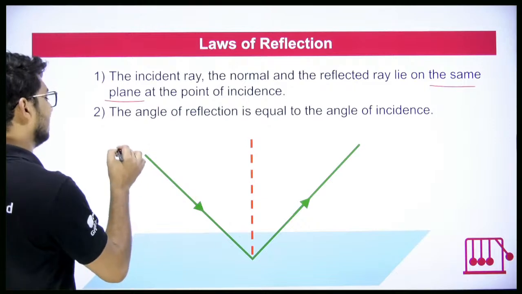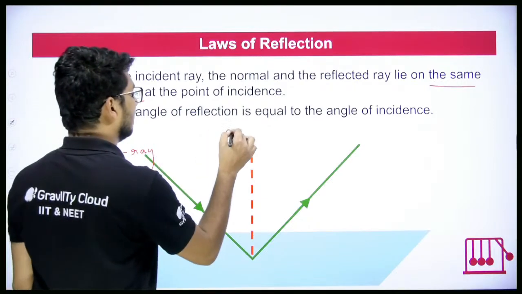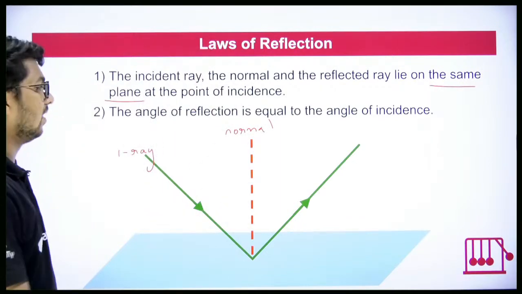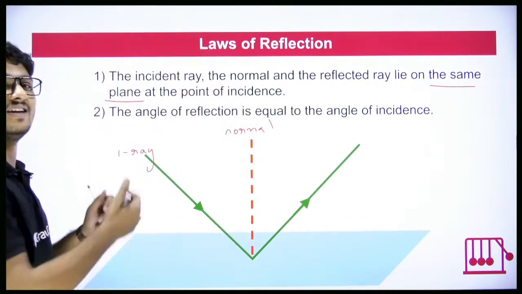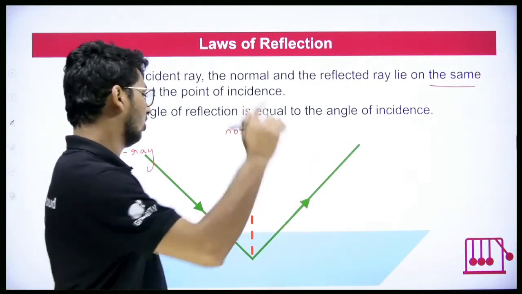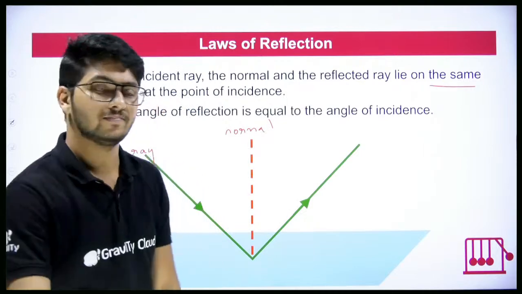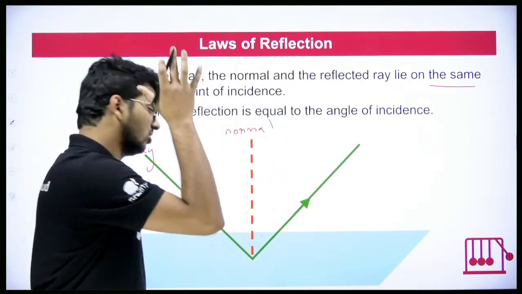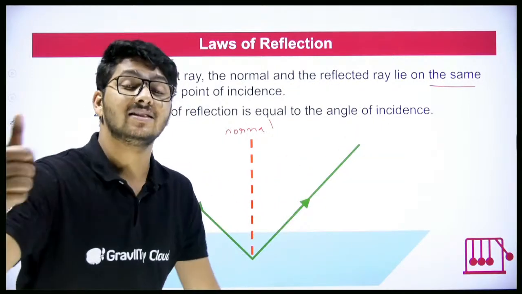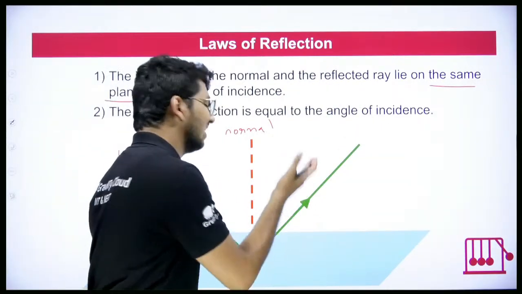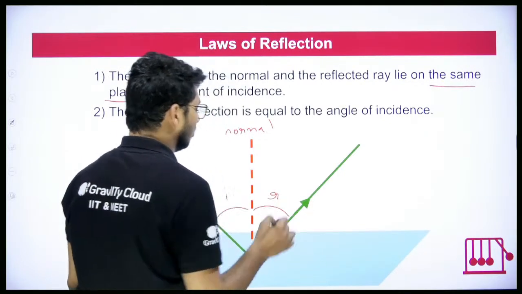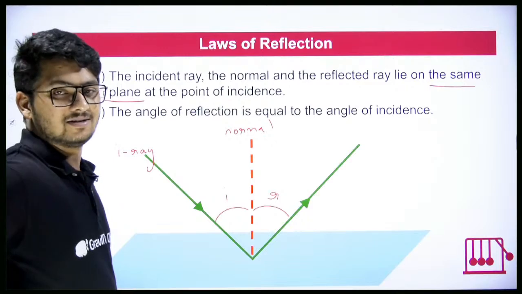Look at this. This is the incident ray, this is the normal. Both of them are on the screen, so the plane is the screen. The reflected ray should also lie on the screen itself, or on the same plane. Then how many are possible? Only one is possible, such that angle I is equal to angle R.